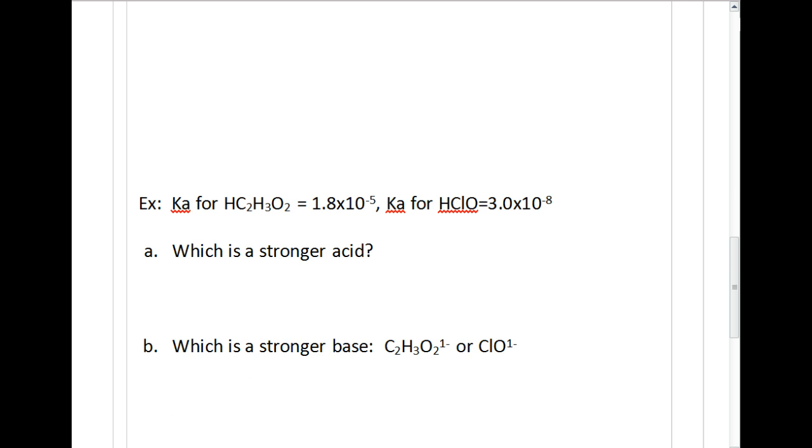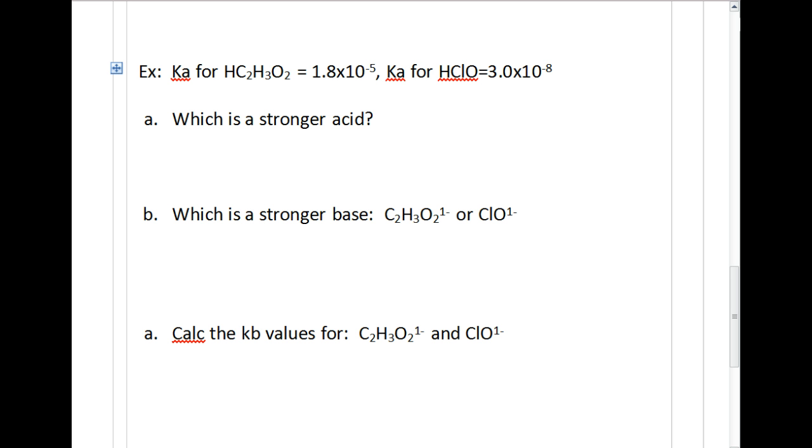Okay, let's scroll down a little bit more, and we have another problem to look at. So here's our problem. We have Ka for acetic acid equal to 1.8 times 10 to the negative 5th. And then we have Ka for HClO, which is hypochlorous acid, equal to 3.0 times 10 to the negative 8th. So we're given two Ka values for two different acids.